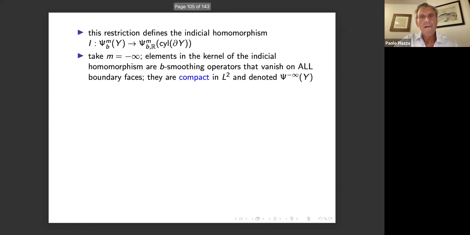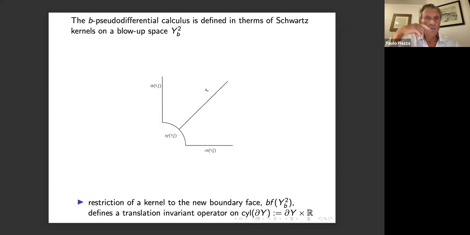Okay. Now, when you look at elements of order minus infinity, then the elements which are in the kernel of the indicial homomorphism, clearly, let me go back. I didn't tell you that they are zero on this left boundary and on this right boundary. Now, if you assume that the indicial operator is zero, they are also zero on the new boundary face.